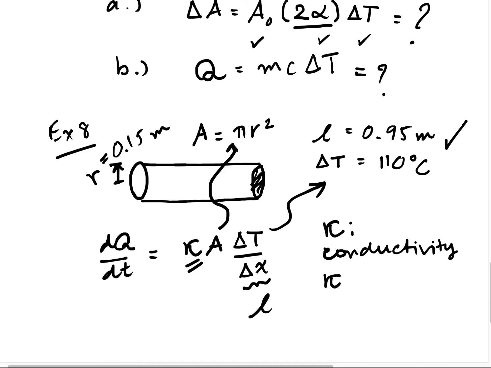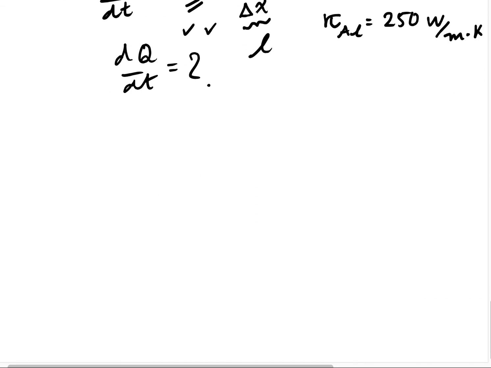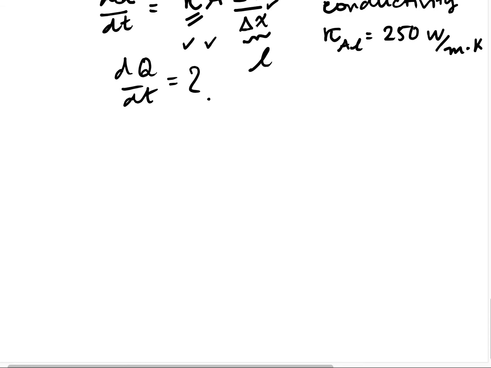I will call this K_AL is 250 watt per meter per Kelvin. With this, you get everything, and now you should be able to find the rate of heat transfer. Then number 9, a little bit more difficult, I suppose.